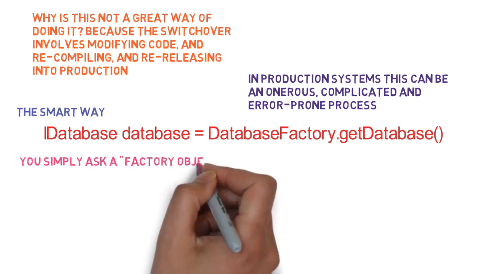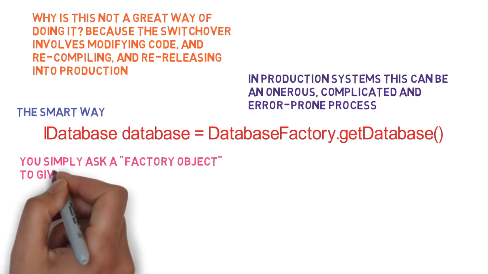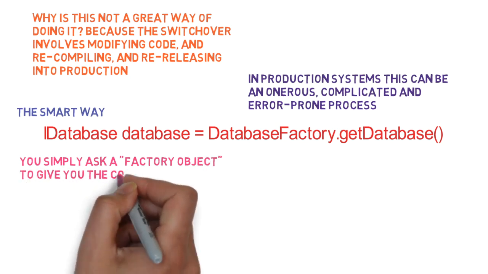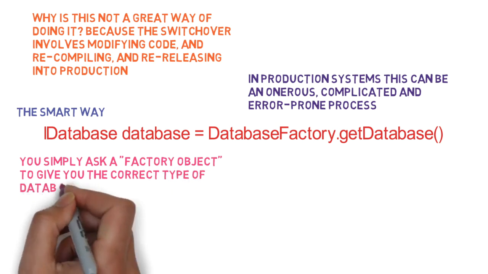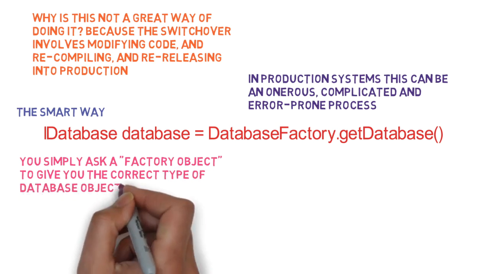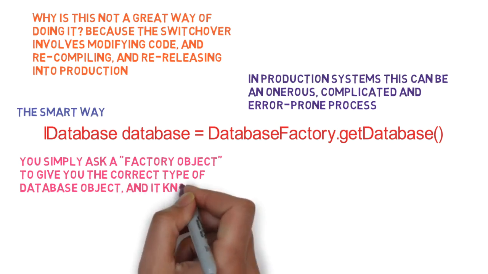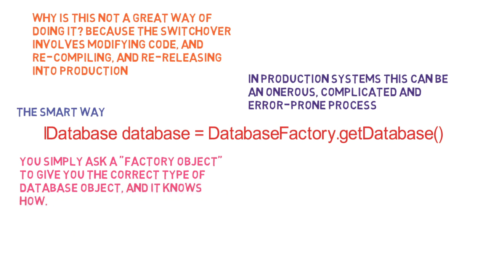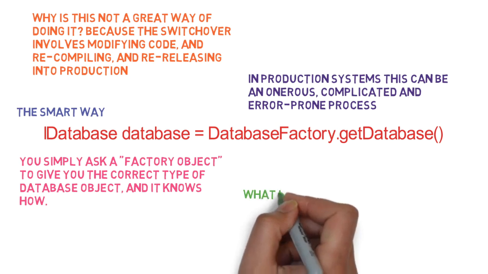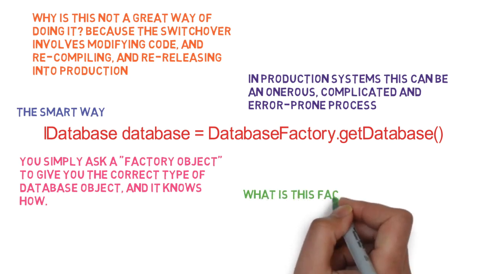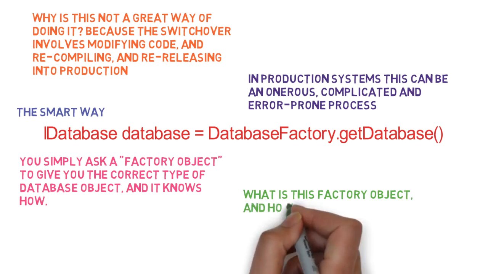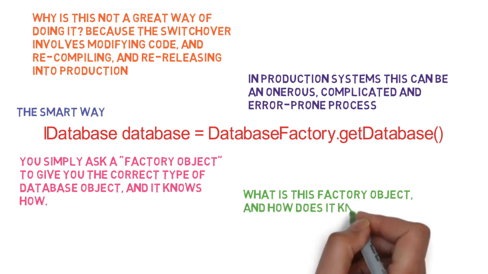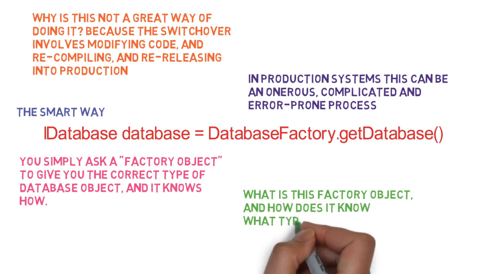So you're simply asking a factory object to give you the correct type of database object, and it magically knows how to. Now, the obvious question here is, what is this factory object and how does it actually know what is the right type of object to instantiate at any point in time? These are all good questions, and that's exactly what we're going to answer right now.